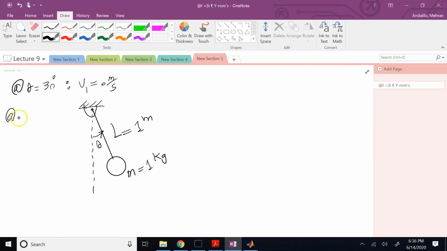What is the velocity of the particle when the angle is 0? So it comes down to the very lowest position. Okay, so this is what the problem is asking.